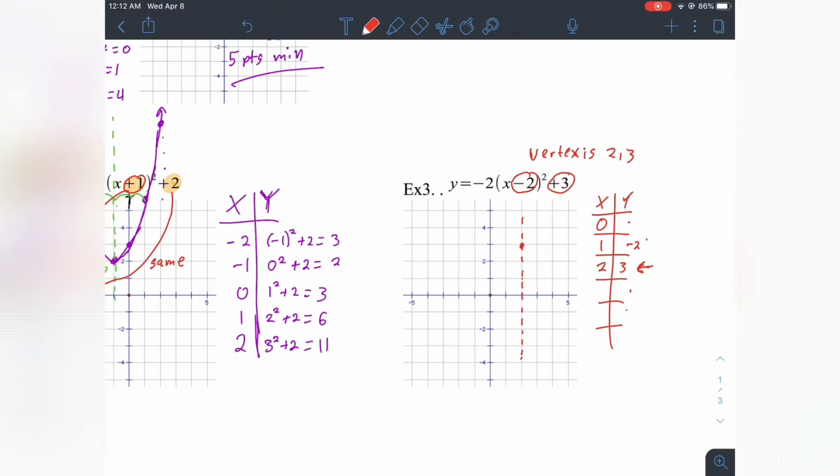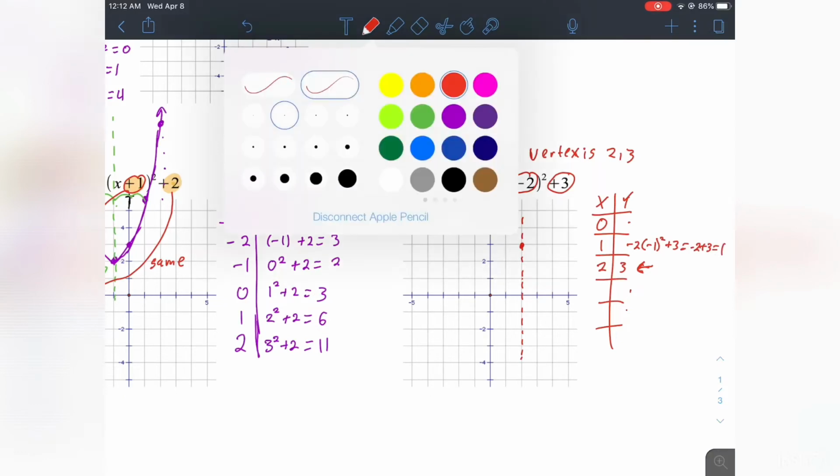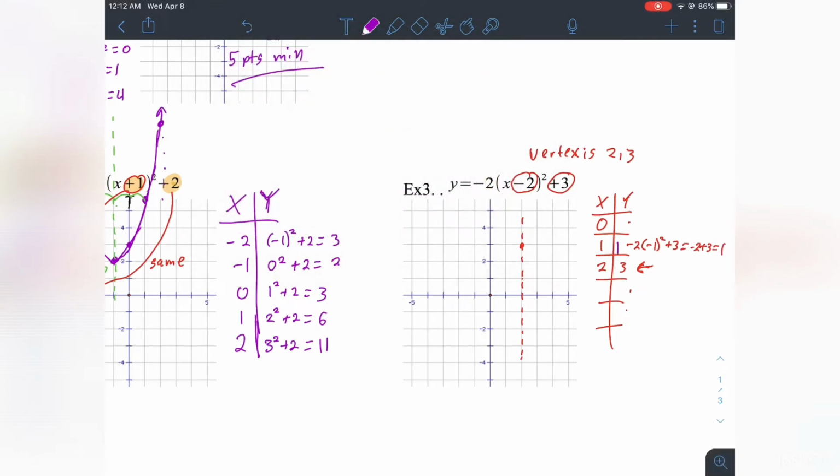So it's -2 times 1 minus 2 is -1 squared plus 3. Okay, -1 squared is 1. 1 times -2 is -2. And -2 plus 3 is 1. So I get a 1 here. 1, 1.